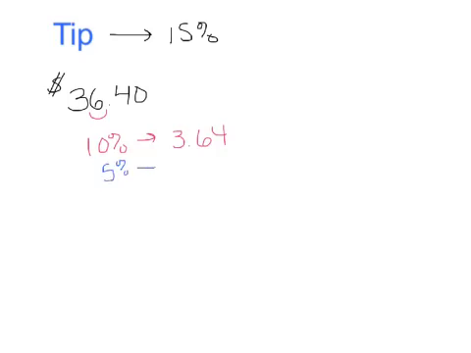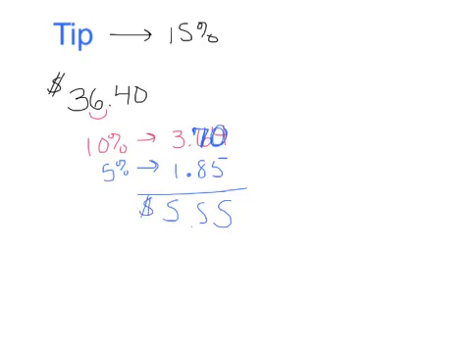So you could even round this up to $3.70 if you wanted, if that makes it easier. 5%, or half of this, would be $1.85. So if I add those together, my tip should end up being about $5.55.